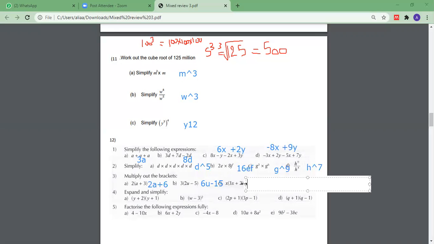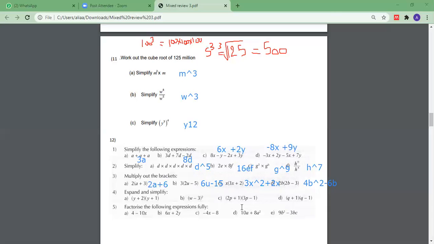This will be 3x power 2 plus 2x. Finally, 2b times 2b will be 4b power 2 minus 6b.